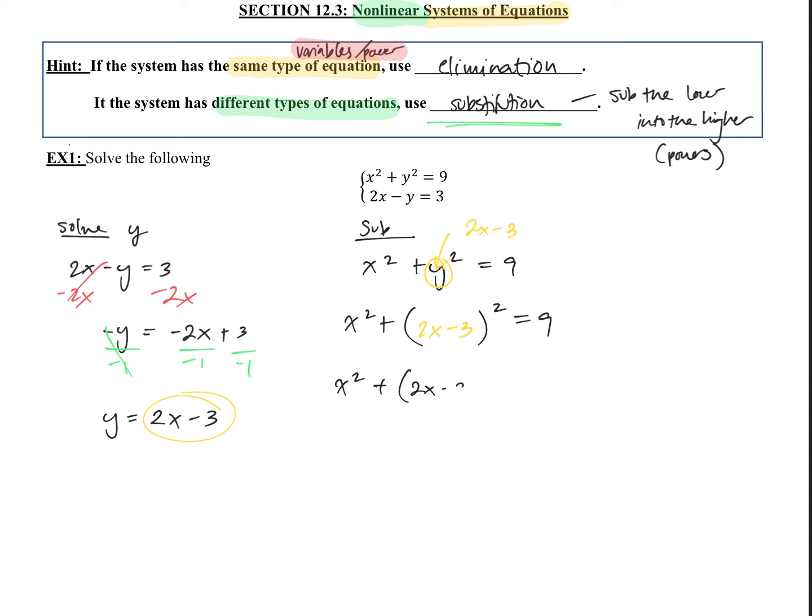Once again, be careful with the binomials. We can't just distribute that 2 in. So it's going to be x squared plus 4x squared minus 6x minus 6x plus 9 equals 9. The 9s are going to cancel each other out, and we are left with 5x squared minus 12x equals 0.